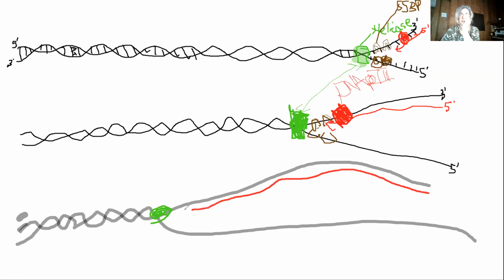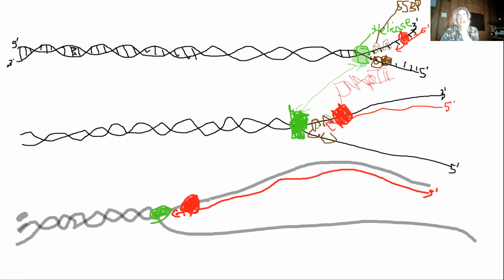This piece of DNA, the new one, the red one that I'm drawing, we call this continuous, 5' to 3'. So I'm going to put the arrow toward the replication fork again, and I'm going to draw DNA polymerase 3 right here. This strand we call the leading strand because it's made in a single piece.